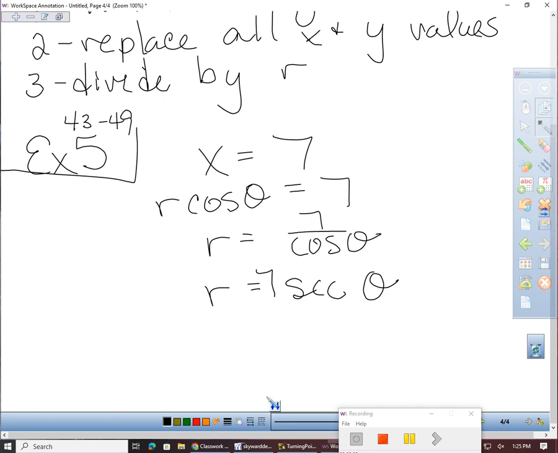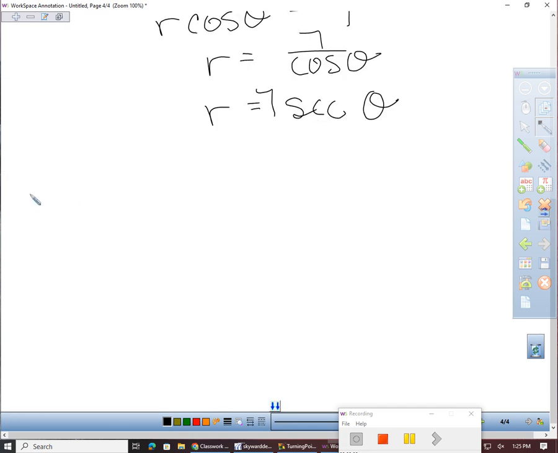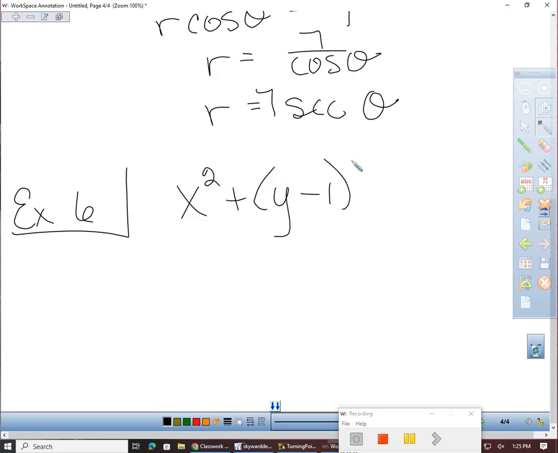All right, let's try example number 6. Let's say I have x squared plus y minus 1 squared equals, let's just say, 1. Sounds good. All right, so the first thing we have to do is isolate x squared plus y squared.